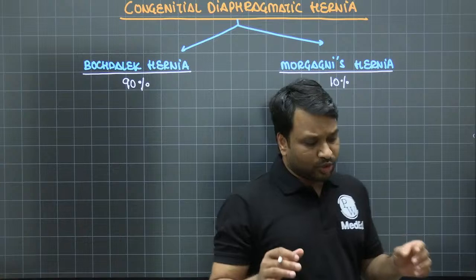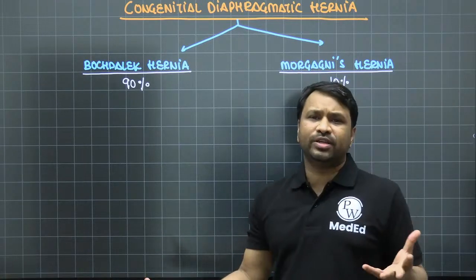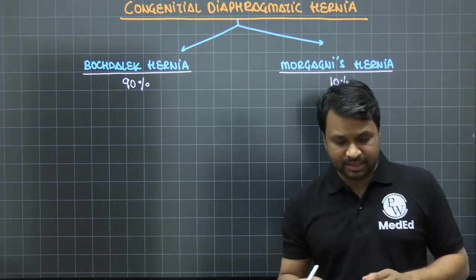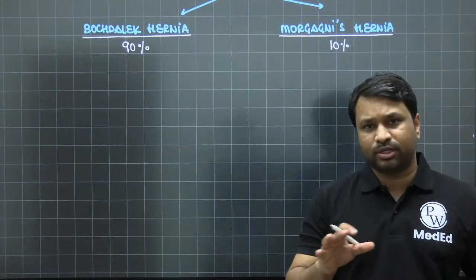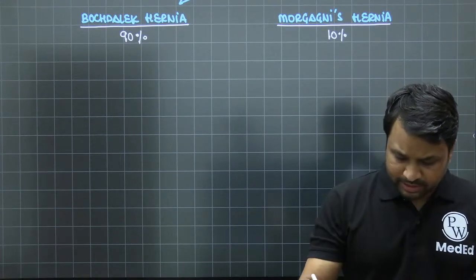With any hernia, the most important aspect is to understand where the defect lies. So we'll talk about the Bochdalek first, and then we will move on to Morgagni's hernia.